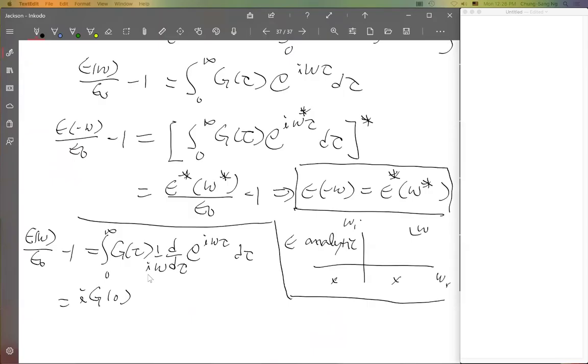So the first term is like that, and that becomes over i omega. And then do the integration, and that one is dG/d tau multiplied by e^(i omega tau) d tau.